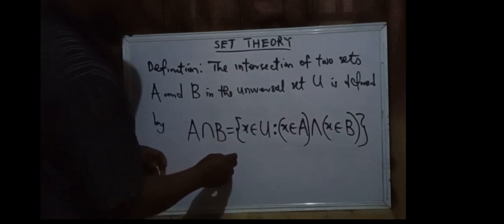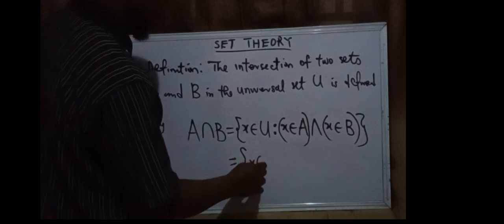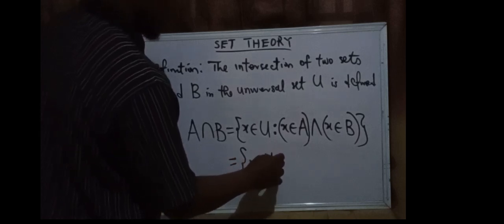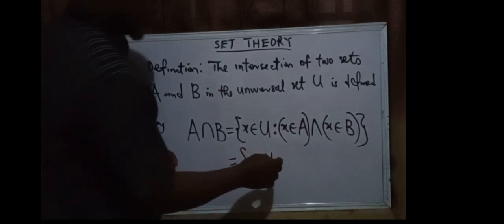So literally, the intersection of two sets is the set of elements x in U such that x is an element in A and x is an element in B.